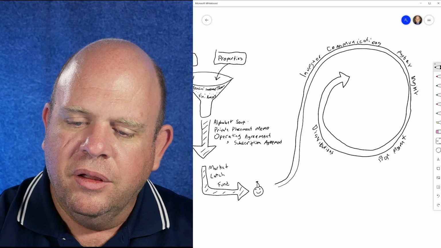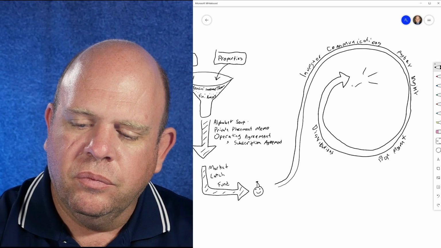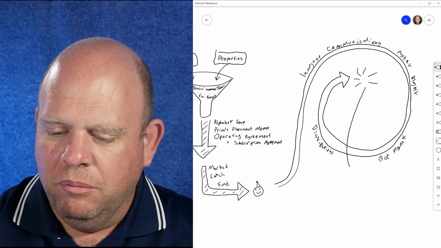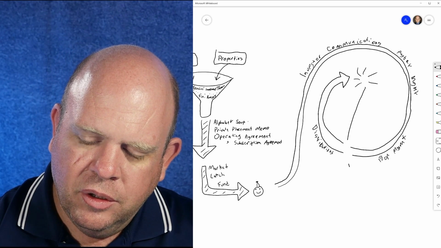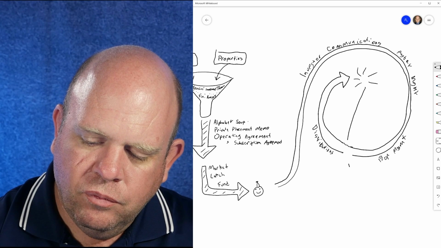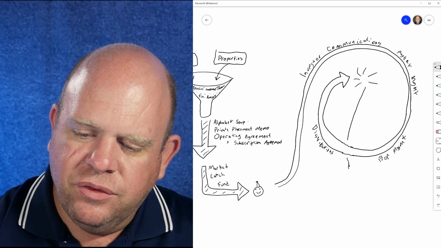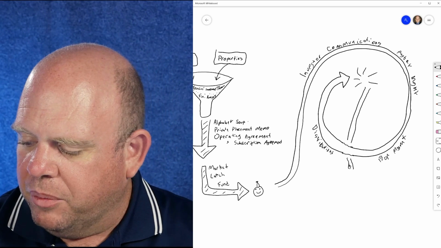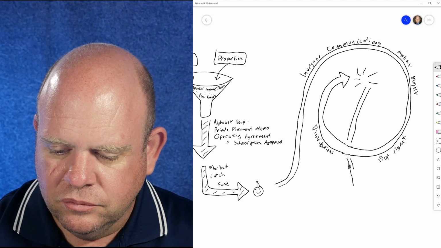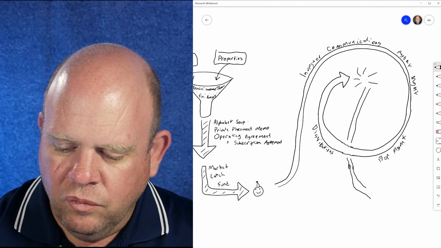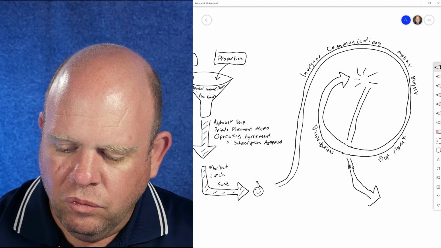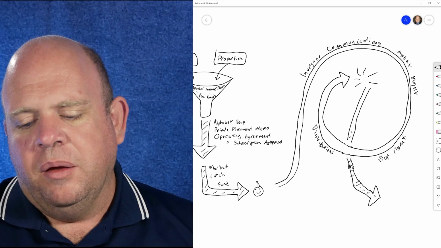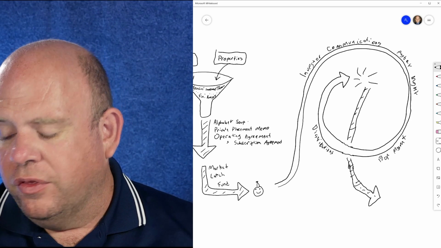Now, finally, there is a point. And at that point, you start to think maybe it's time that we sell this property. And when it's time to sell that property, there's certain things that have to be done.